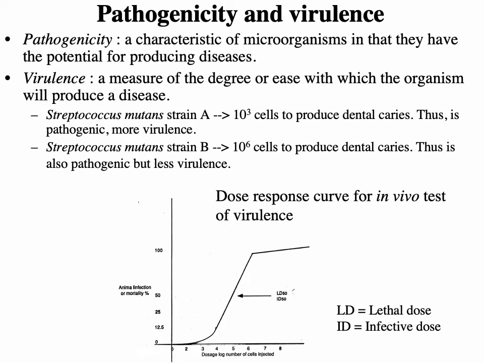This allows you a means to measure the virulence of the organism you're studying. So you set up two sets of experiments, one with strain A and one with strain B, and that's how you derive those numbers, 10 to the 6 and 10 to the 3. Hopefully that clarifies the two terms and how we go about getting these numbers.